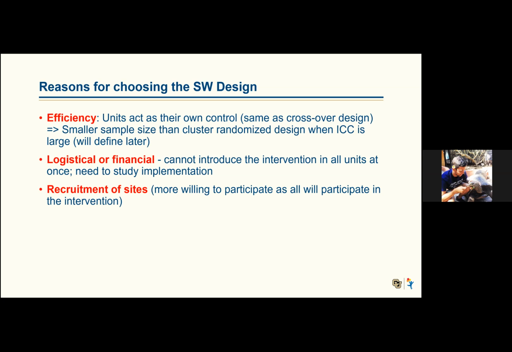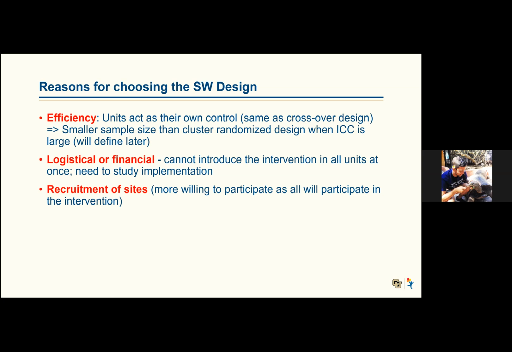There are logistical and financial reasons. Maybe the logistics are that there's training needed for the implementation, and you can't do that simultaneously at all the sites. Financial is sometimes, the grant just won't support more than 6 to 10 sites.